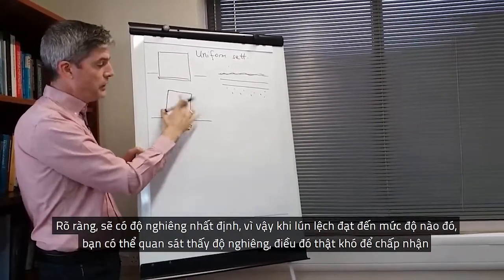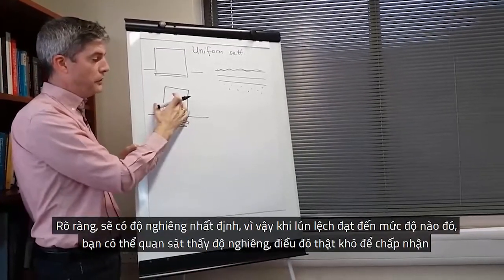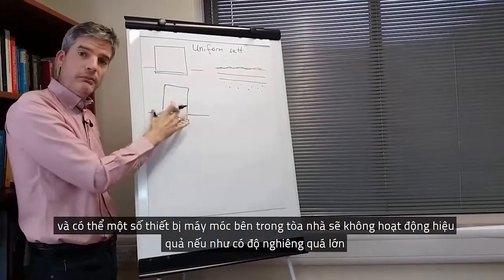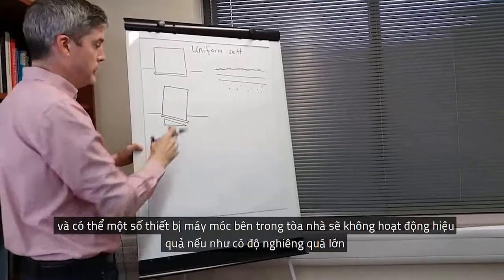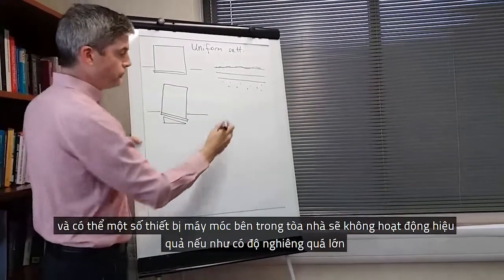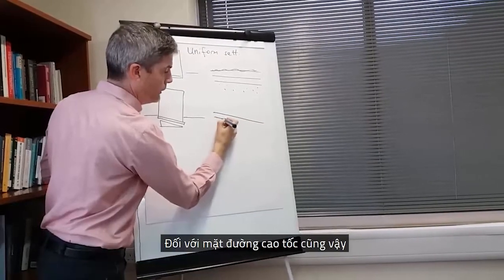Clearly there is some tilt, so when the differential settlement gets to a certain level, the tilt will be visible and that will be unacceptable. And there may be some machinery within the building that does not function correctly when there is too much tilt. The same goes for a highway.